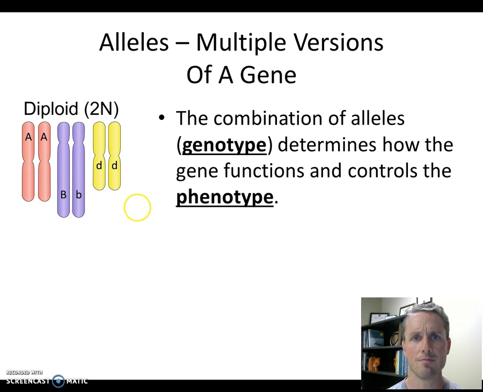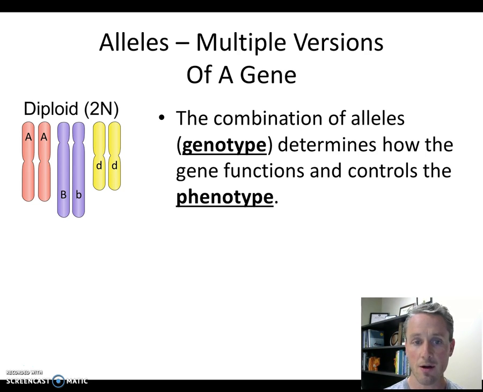And I want to point out one important factor before we move on: it's this combination of alleles, our genotype, that determines how the gene will function, which will end up controlling our phenotype. So there's a really important relationship between genotype and phenotype. We'll look at that again in just a second.